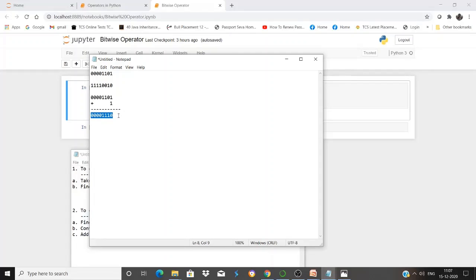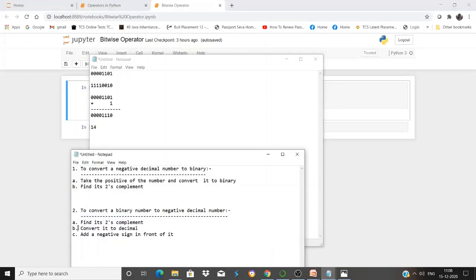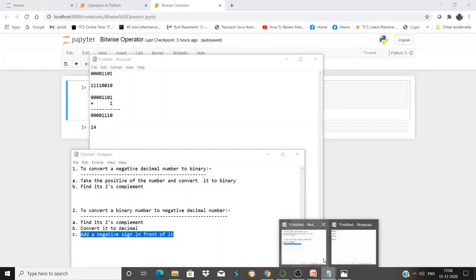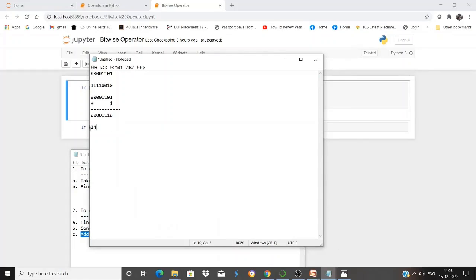We simply convert this 2's complement to decimal, and the decimal form of this 2's complement will be 14. Now what was the third step? The third step was to simply add a negative sign in front of it. So the final output is minus 14.